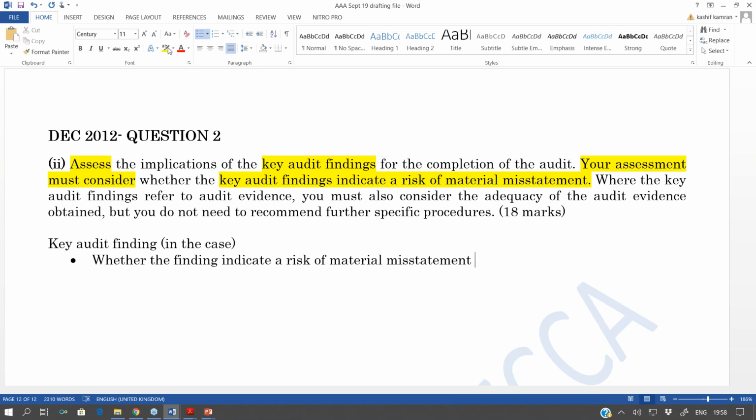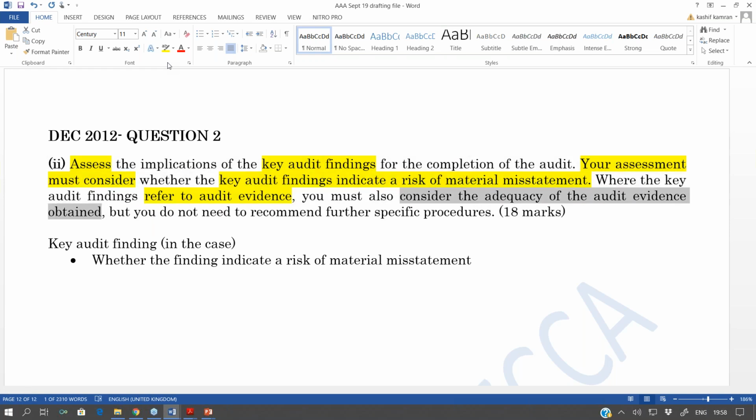Number two, where a key audit finding refers to evidence. Suppose you're reading a finding and the finding refers to evidence, for example, verbal confirmation. Because it refers to evidence, you must consider the adequacy of the evidence obtained.